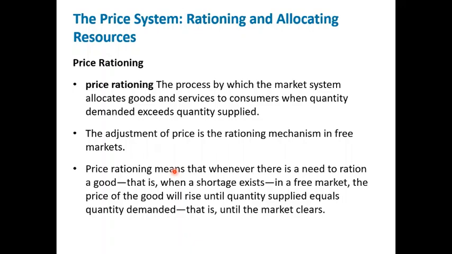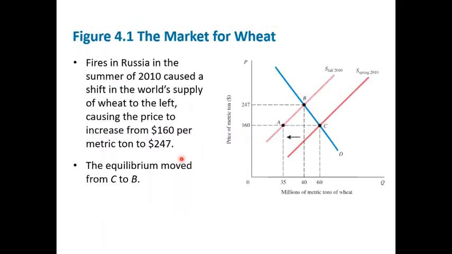Just because price is answering the third question of who gets what, doesn't mean it's fair, doesn't mean you have to like it, doesn't mean it supports economic growth or stability. All we're observing is that price automatically answers the question.